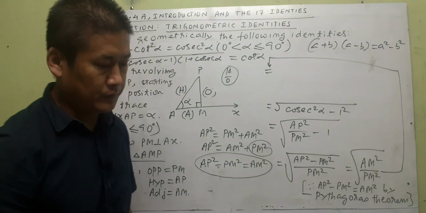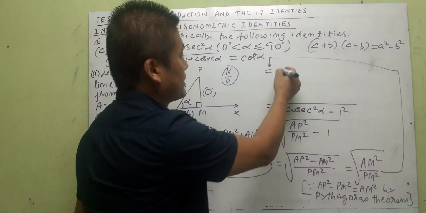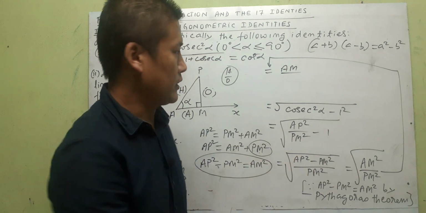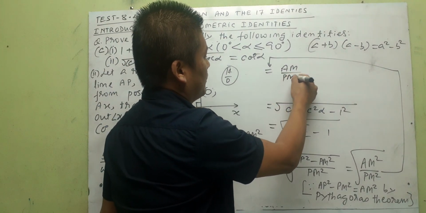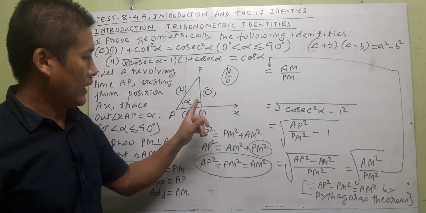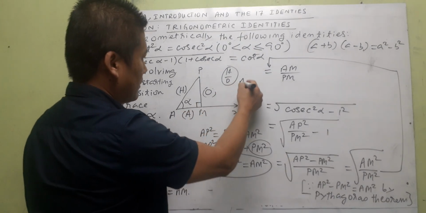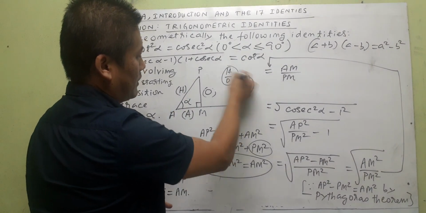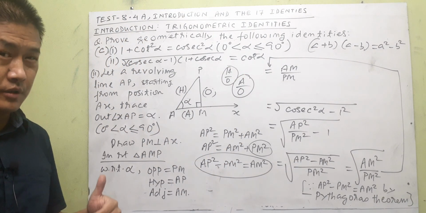Now, as you continue, this will be equal to root over AM squared, which comes out as a single AM, and PM squared comes out as a single PM. Now what is AM by PM in the diagram? AM is adjacent, PM is opposite. What is the name of this ratio, adjacent by opposite, from the first chapter?